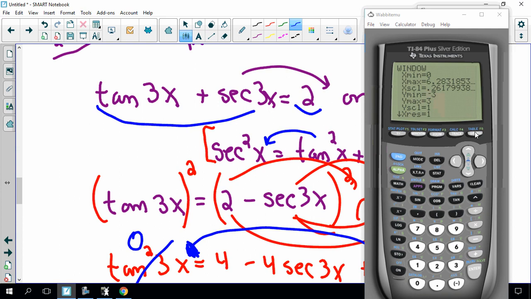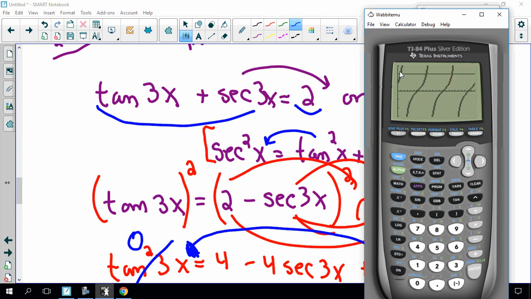So I'm going to hit graph, and so there's the first graph. I'm bolding it. And when does it equal 2? Right here, right here, right here. Only 3 answers. I had 6. Second, calculate, and once again, you're probably thinking, why wouldn't I do this every time?